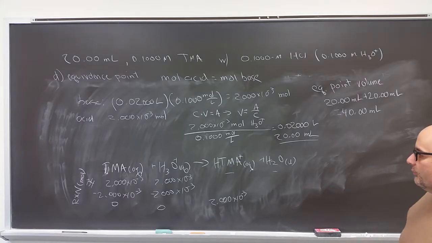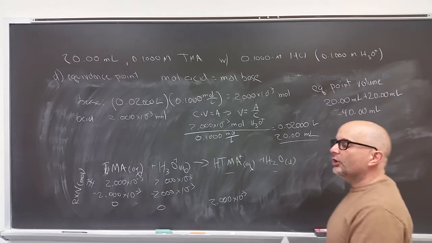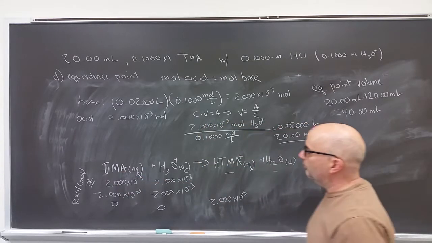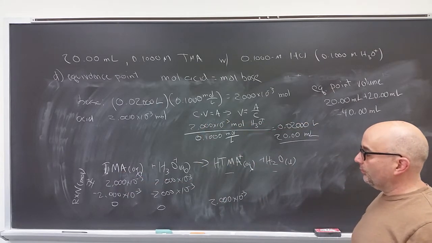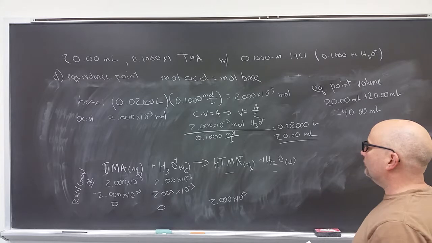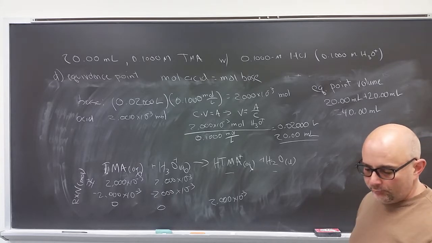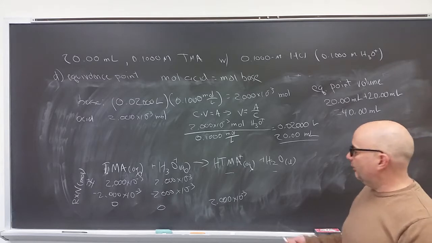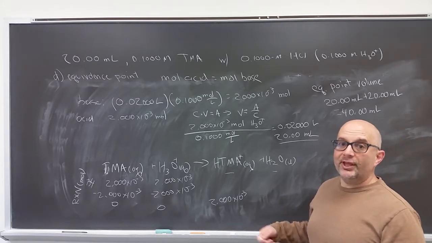Now, you can't use the Henderson-Hasselbalch equation at the equivalence point to calculate the solution pH because you don't have a buffer anymore. You are now completely devoid of any large amount of the trimethylamine. So the way that you calculate the equivalence point pH is a little bit different. What you have to understand is that this trimethylammonium is a weak acid.